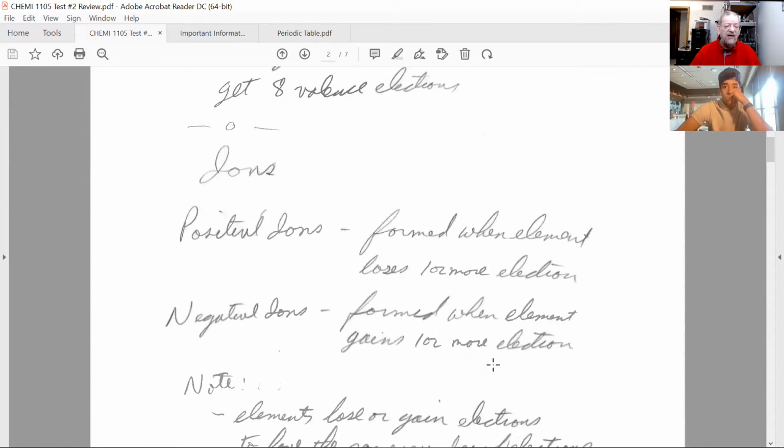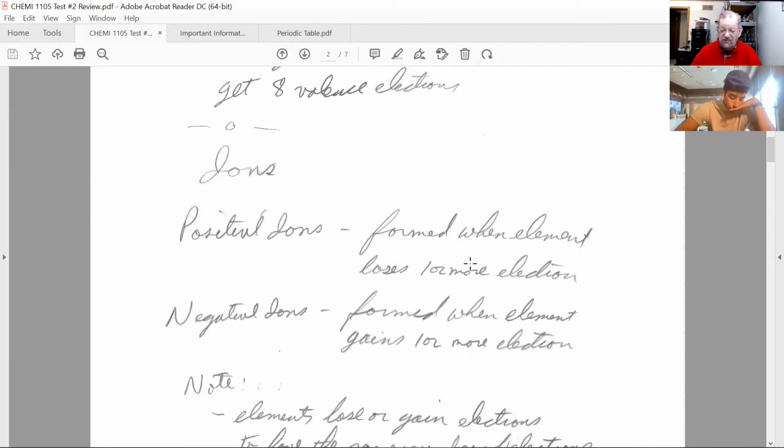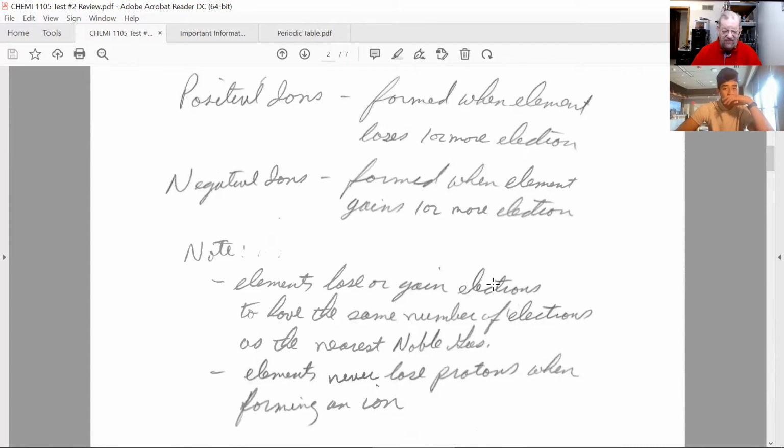Now, if an element loses or gains electrons to form its octet, we make ions. And positive ions are formed when an element loses one or more electrons. And negative ions are formed when an element gains one or more electrons.